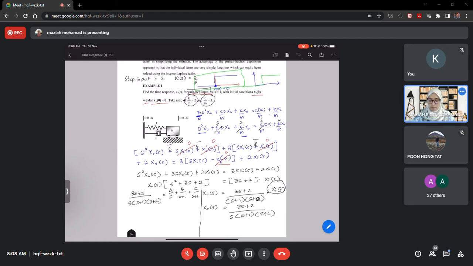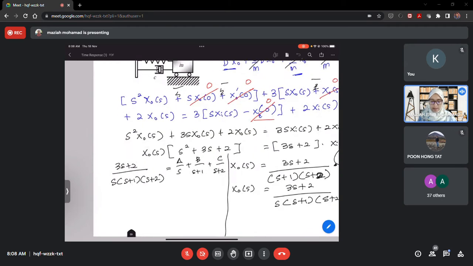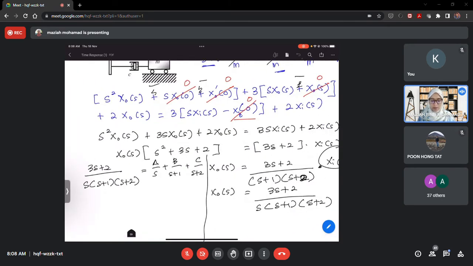So yesterday we stopped at partial fraction decomposition. What we get here is A over S plus B over S plus 1 plus C over S plus 2. For today, we are going to discuss how to use the remainder theorem in order to determine the values of A, B, and C.